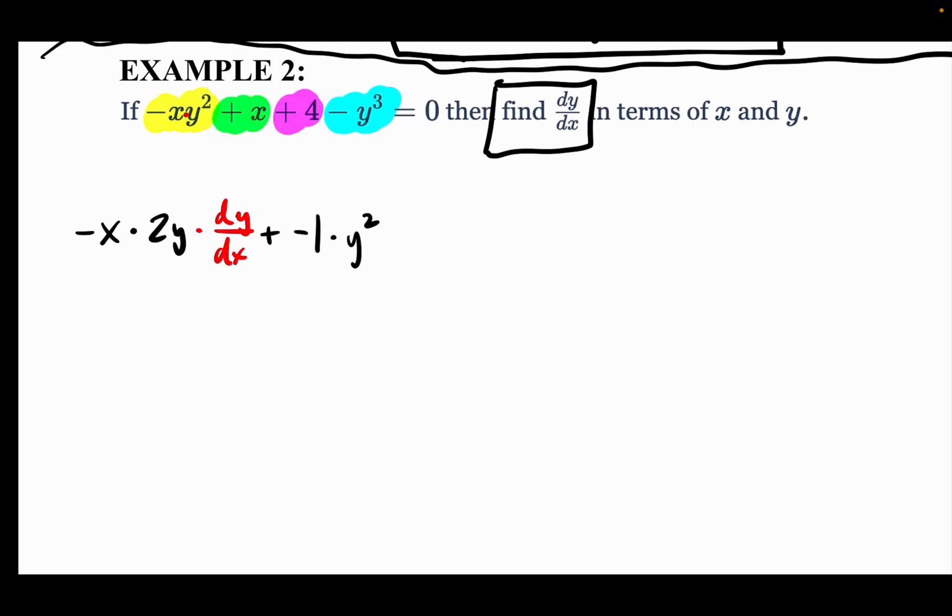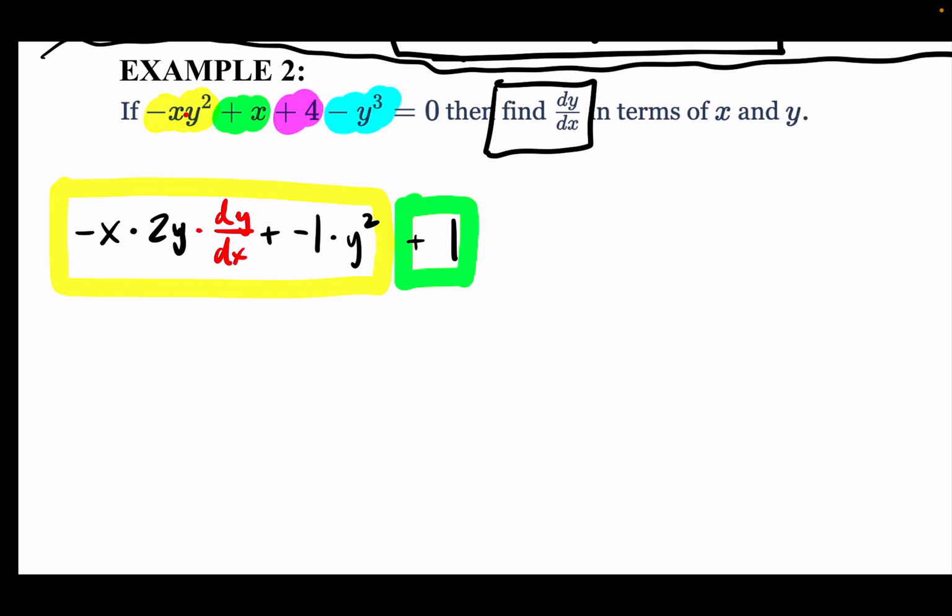That's the derivative of the yellow. Now we got to find the derivative of the green. The derivative of the green is just 1. It doesn't need a tag because it was the derivative of x. What's the derivative of the pink? 0, right?